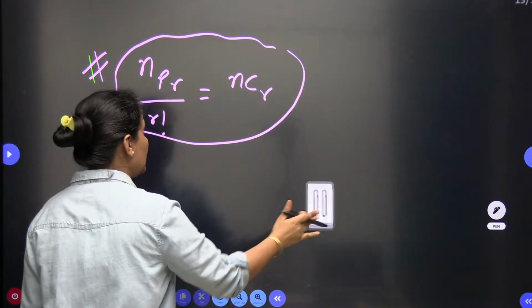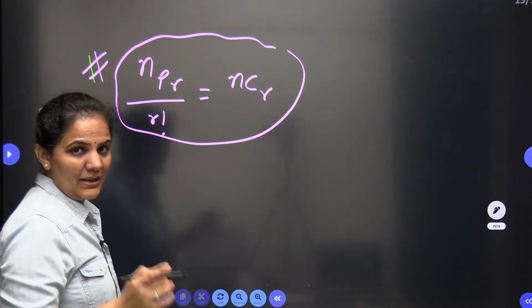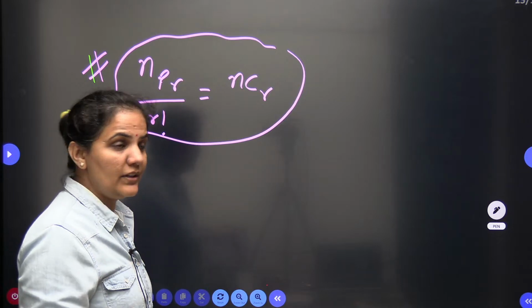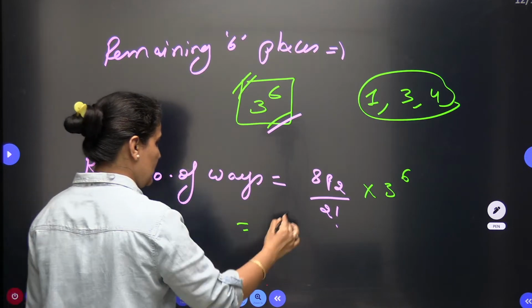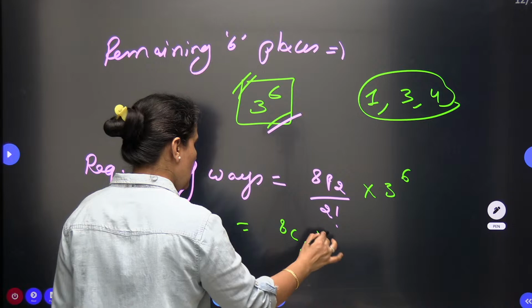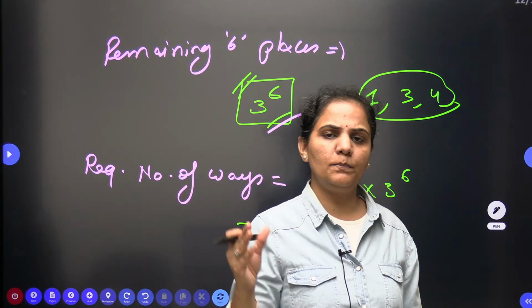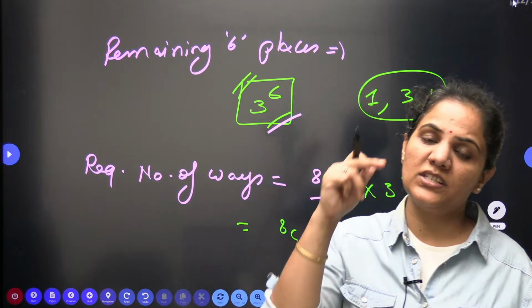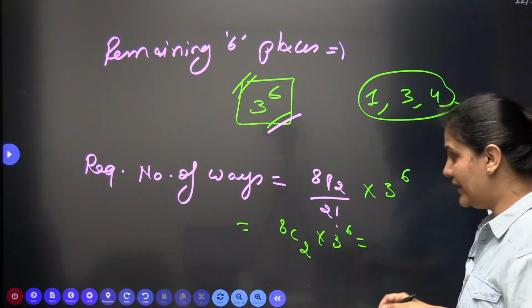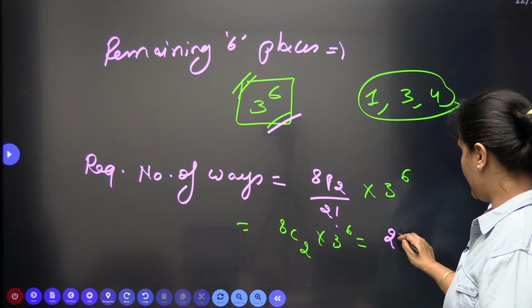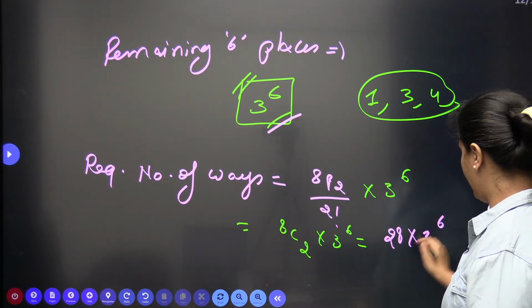Here I have NPR by R factorial, so at this place I will go directly with NCR. So I will use 8C2 multiplied by 3 power 6. 8C2 we can open as 8 into 7 by 2, which is 28. So here it will be 28 into 3 power 6.